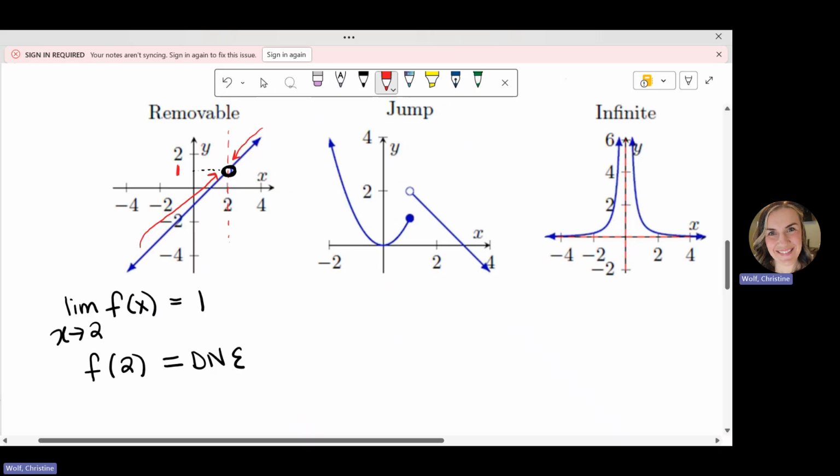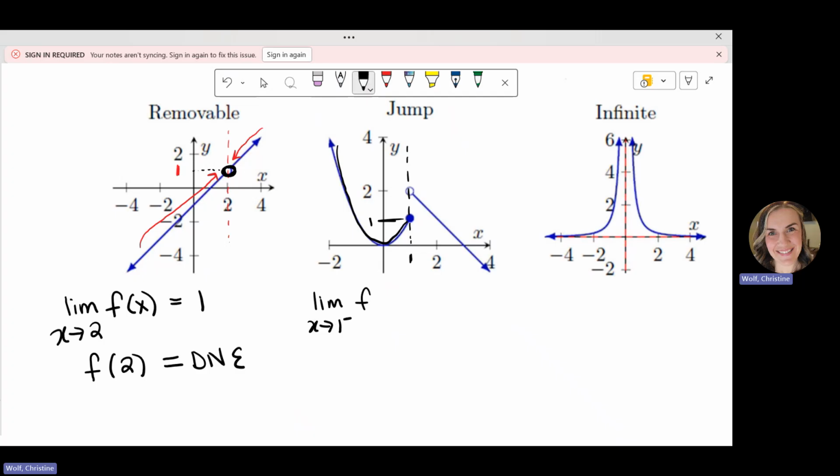So let's just check. We're going to work with x equals 1, okay? And if I approach that from the left-hand side, I can see that I'm at a value of 1. So I'm going to write that down. The limit as x approaches 1 from the left of my random function is equal to 1.